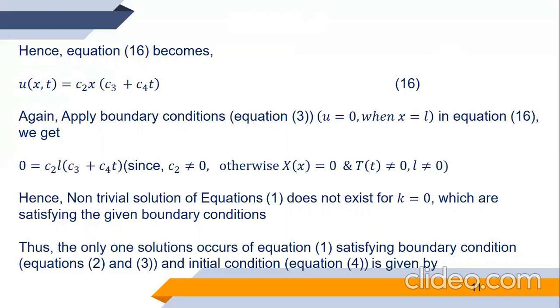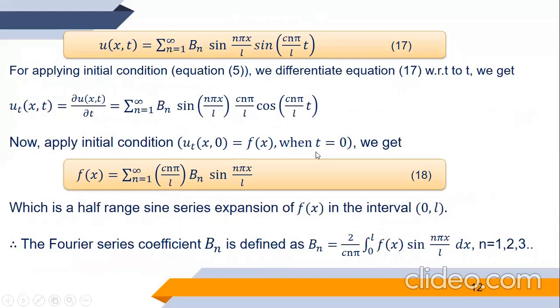So finally, the only solution of equation 1 satisfying the boundary conditions equations 2 and 3, and initial condition equation 4 is given by u(x,t) = summation n is 1 to infinity bn sin(nπx/L) sin(cnπt/L).